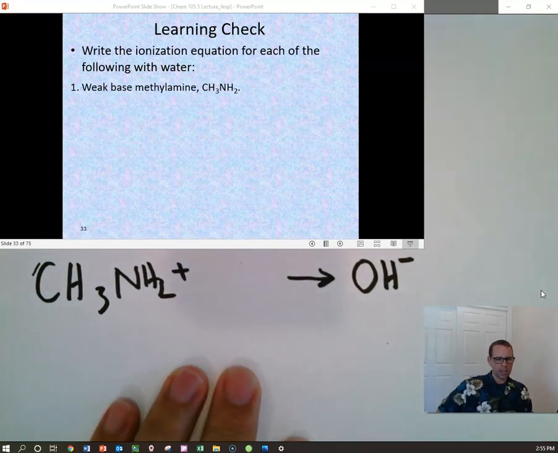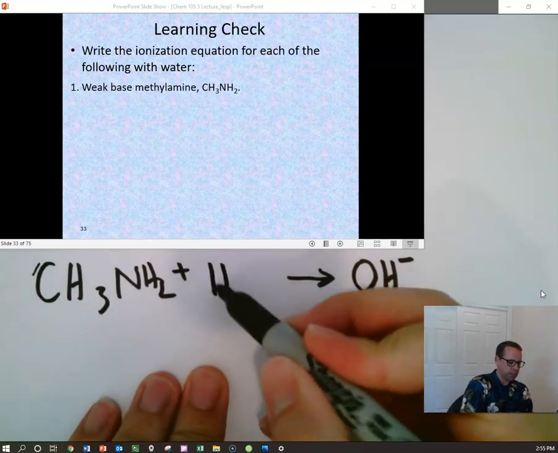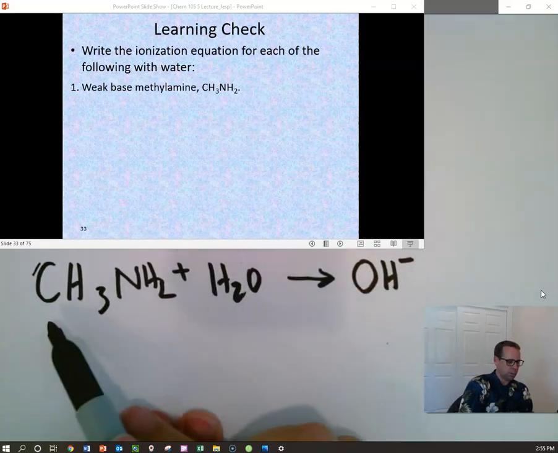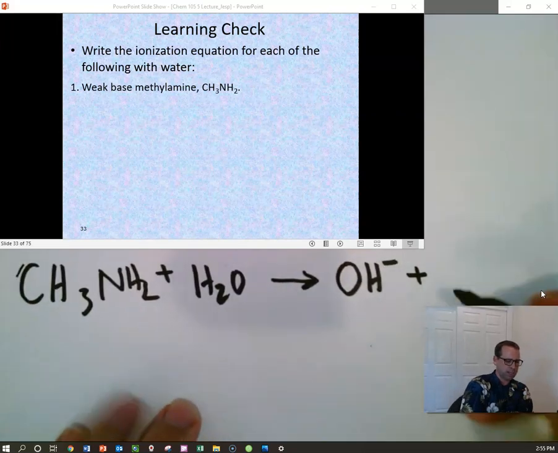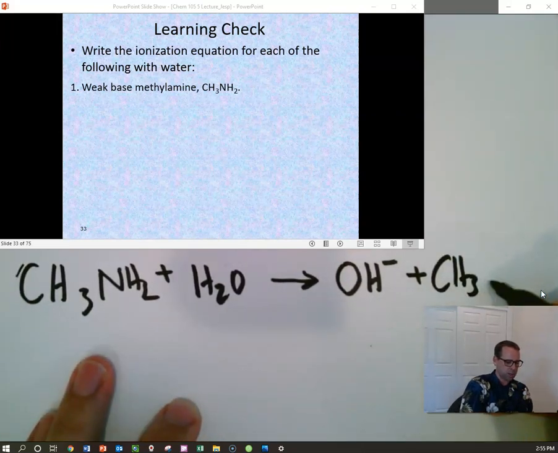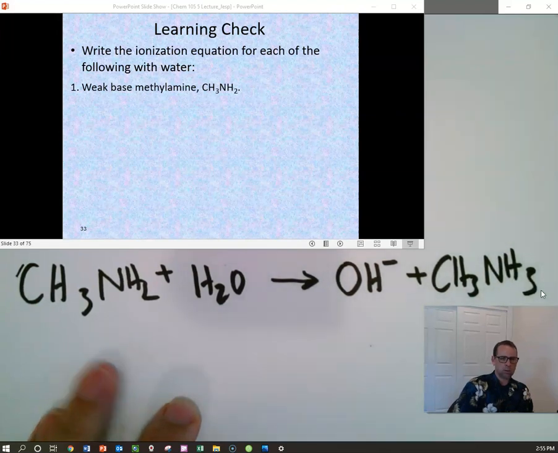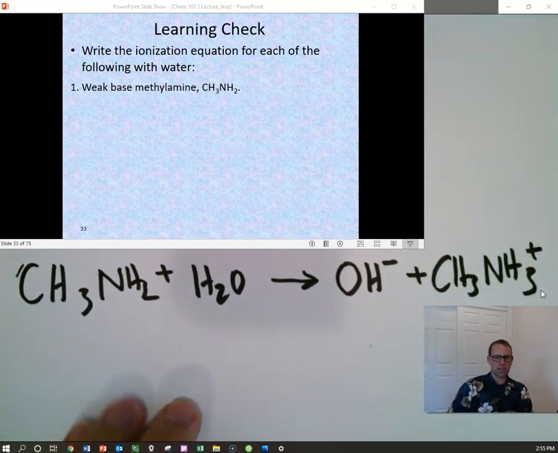So where are we going to get that from? Well, we get it from the weak base interacting with the hydrogen in water. It pulls the hydrogen off of water and leaves behind the hydroxide ion.